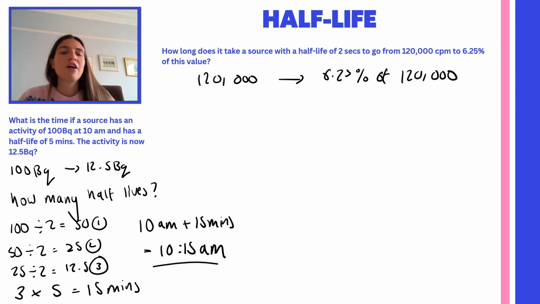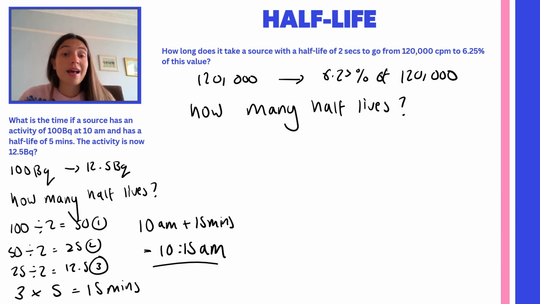So we're going from 120,000 to 6.25% of 120,000. And of course, as always, I'm going to ask myself, how many half-lives have passed to get from 120,000 to 6.25% of 120,000?